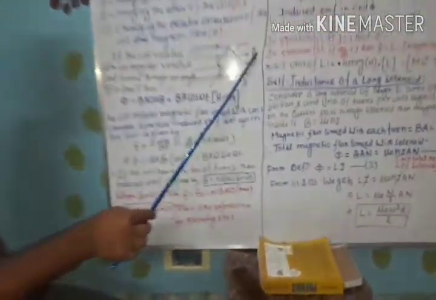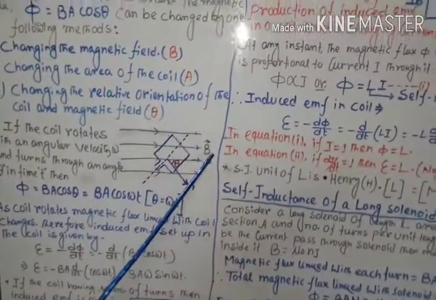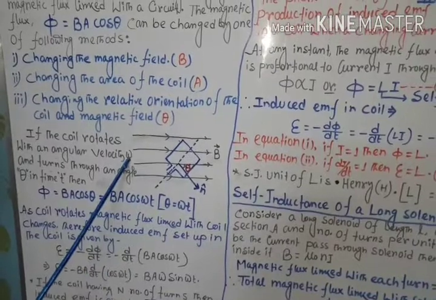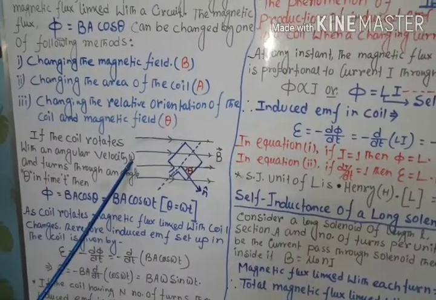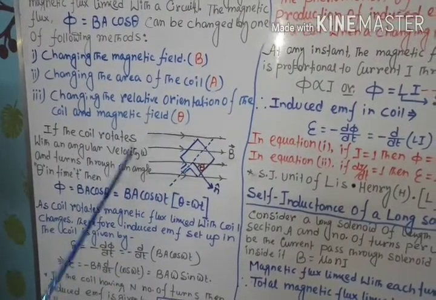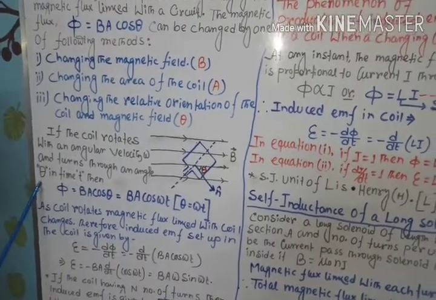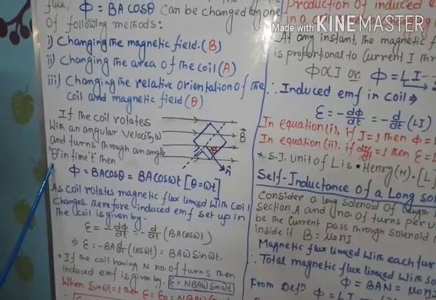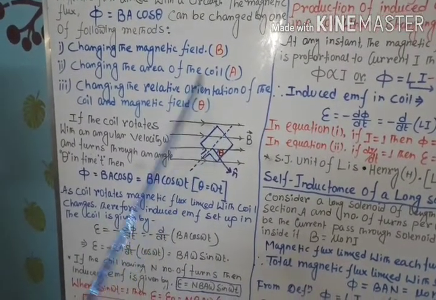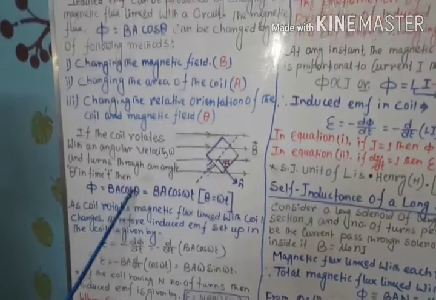Here we consider a magnetic field B in which a coil is rotated with an angular velocity omega. At any instant of time t, we consider the coil has rotated through an angle theta. Therefore the magnetic flux linked with the coil at that instant is given by phi equal BA cos theta.